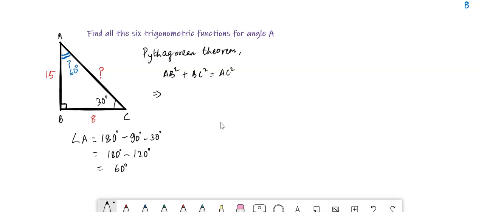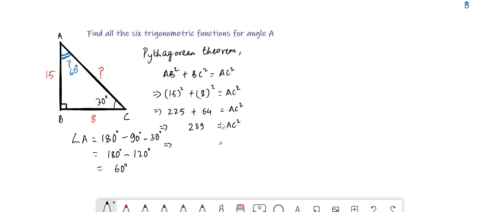Substituting the values, AB is 15, so 15 square plus 8 square will be equal to AC square. 15 square is 225, and 8 square is 64. When you add 225 and 64, you get 289, which is equal to AC square.